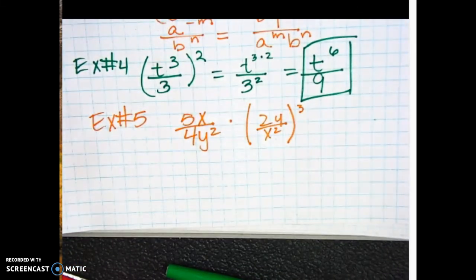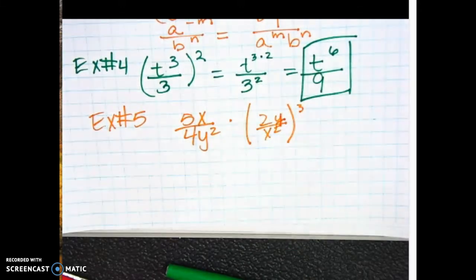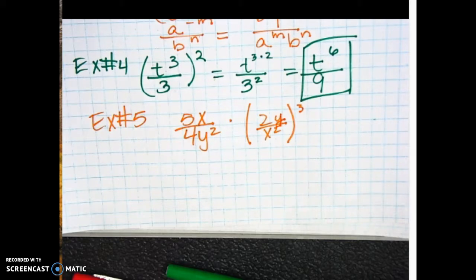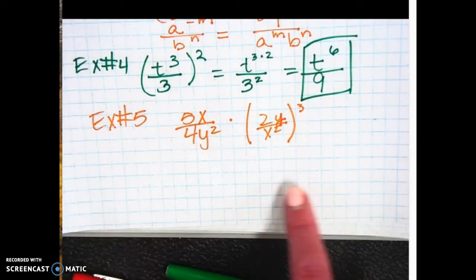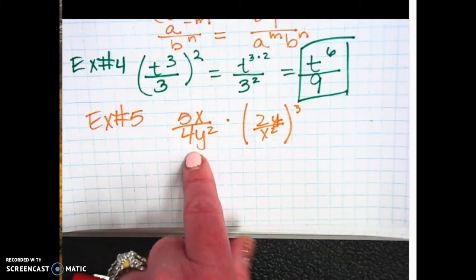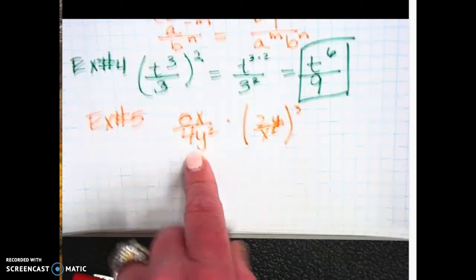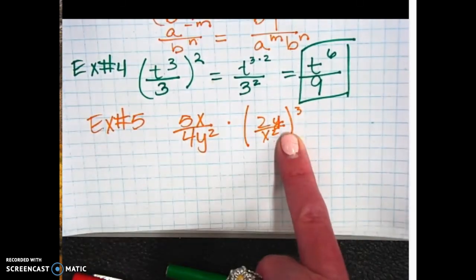That's a y. All right, so we want to multiply these two guys, but when you look at the first fraction, it looks pretty simplified already, right? So for now, just leave it. Let's see if we can simplify over here, okay?